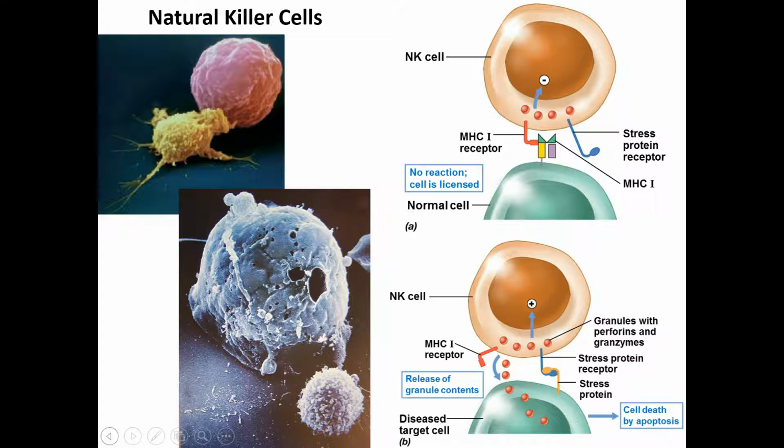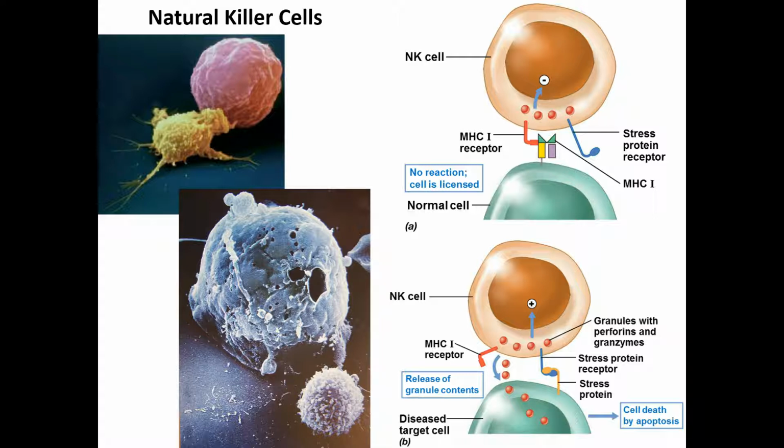Alright, so here are natural killer cells. They're targeting a cancer cell, secreting chemicals that ultimately cause that cell to rupture and lyse. The rupturing of the cell membrane and damage of DNA, and it undergoes apoptosis. Alright, so here you have a normal host cell.